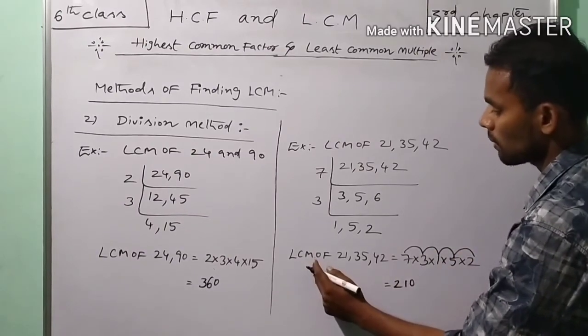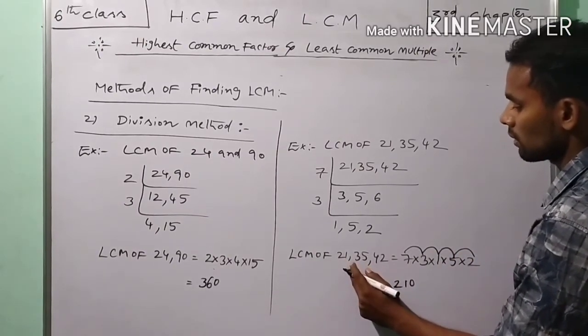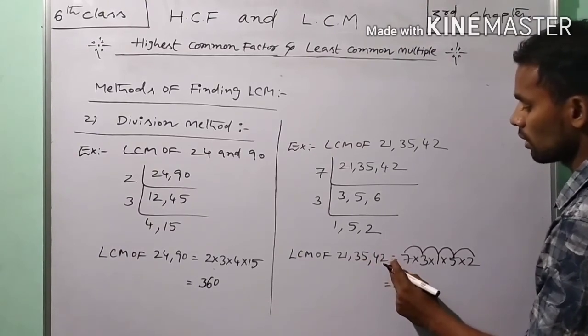Least common multiple of 21, 35, 42 equals 210.